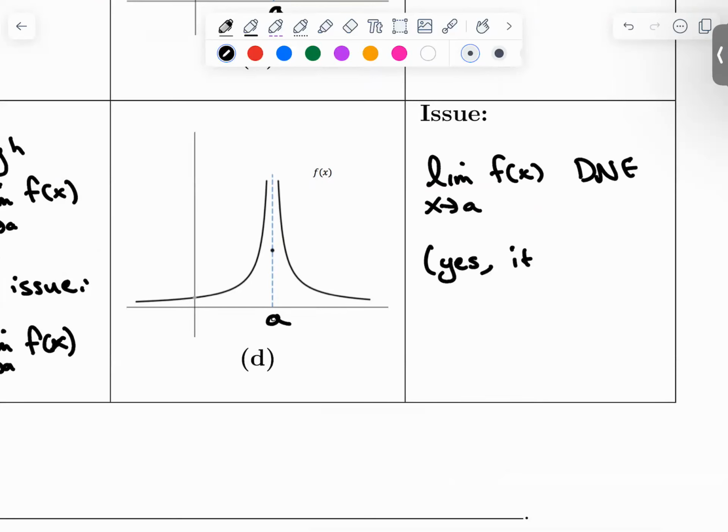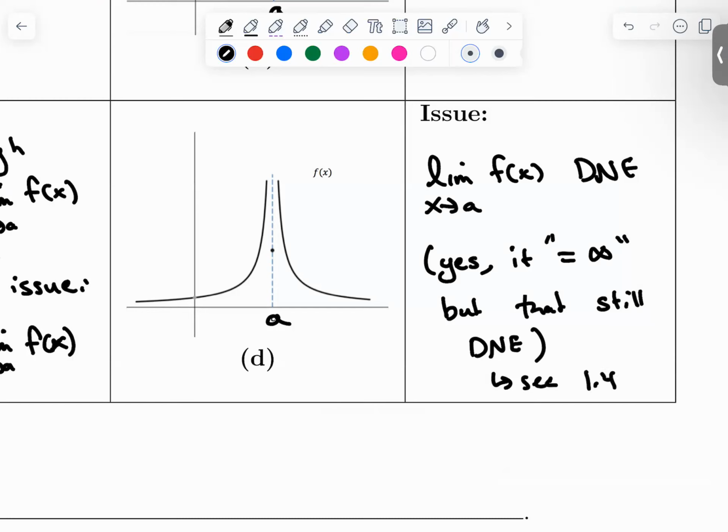Yes, it equals infinity, but that still means does not exist. See unit 1.4 for more verification as to why that's true.